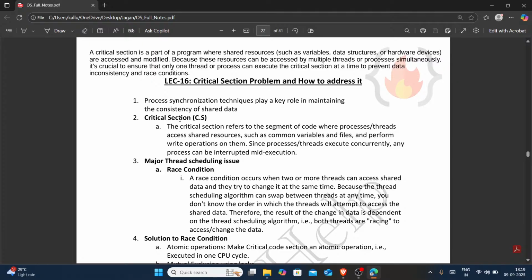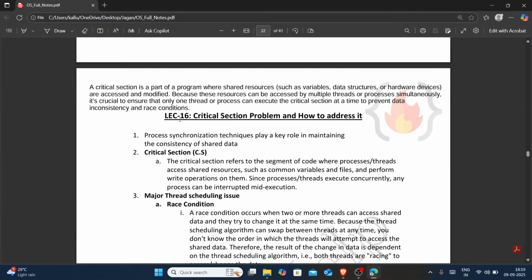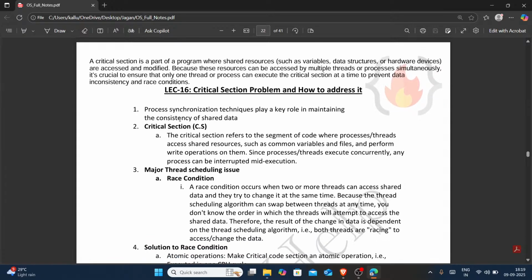Critical section refers to the segment of code where processes or threads access shared resources such as common variables and files and perform write operations on them.